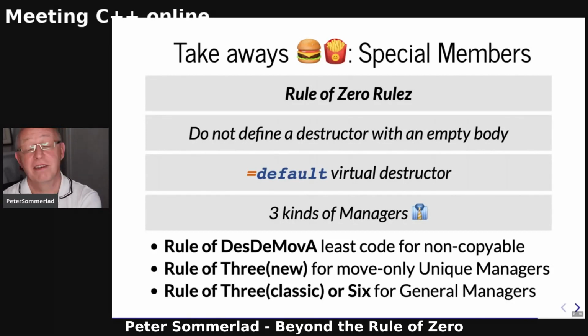So that means you should only define destructors with a non-empty body if you actually know what to do with them and if you need to release a resource. And I consider, let's say, a scope logger also to be a manager, because you more or less manage some output stream by providing, let's say, an entry and exit of a scope, for example. If you have a virtual destructor, = default is fine.